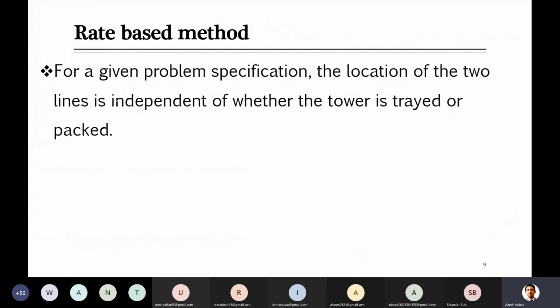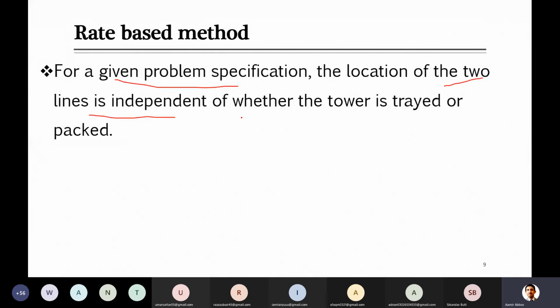Whenever you look at a given problem specification, that means if you want to go for some specific separation, then for any kind of separation, the location of the two lines, the equilibrium line as well as the operating line, is independent of whether the tray tower or the packed tower is being used.